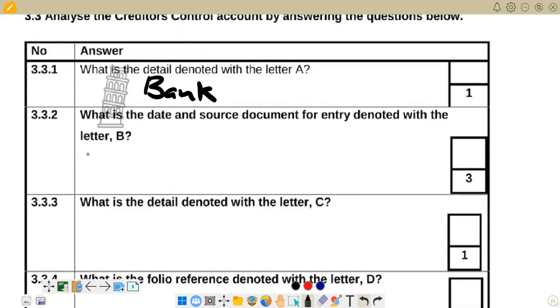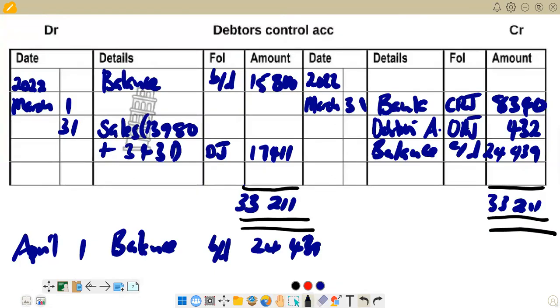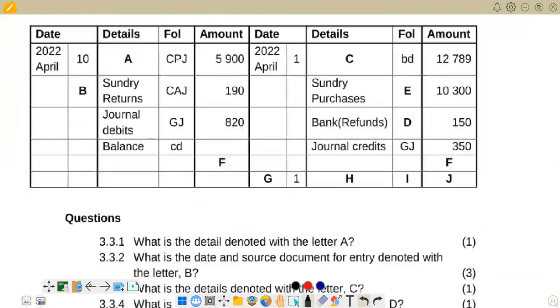Then the next one, we go back again to check what we have. So here now this question is saying, what is the date and source document for entry denoted with the letter B? Remember, this is going to be the end of the period or the end of the month. And we know that this is the month of April, and it ends on 30 April.